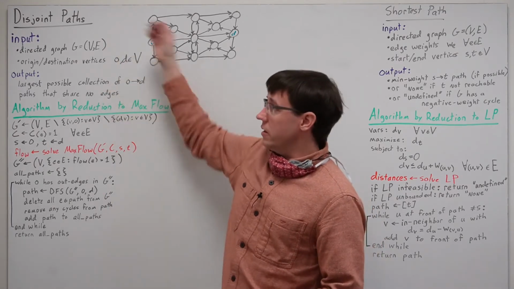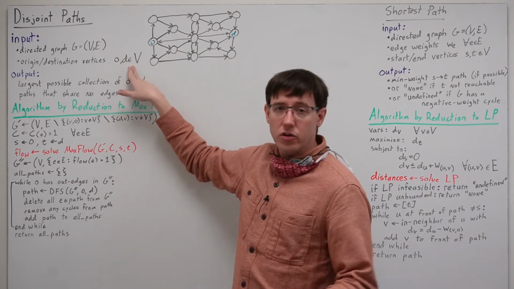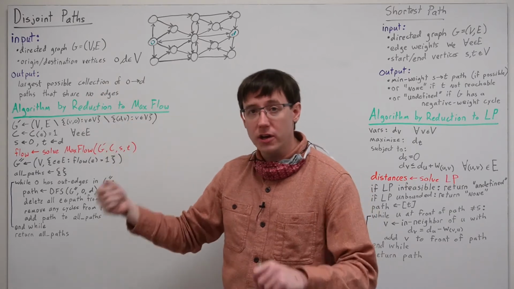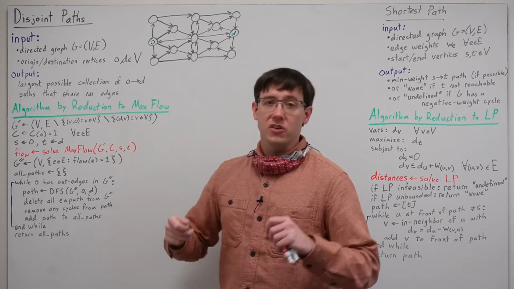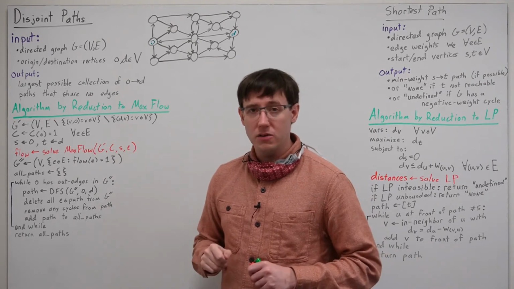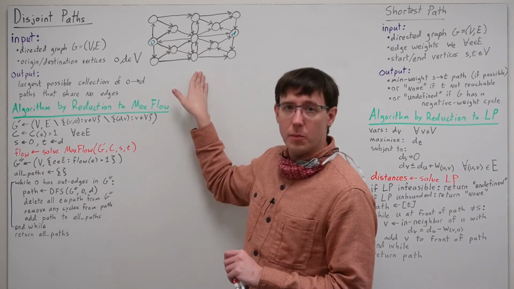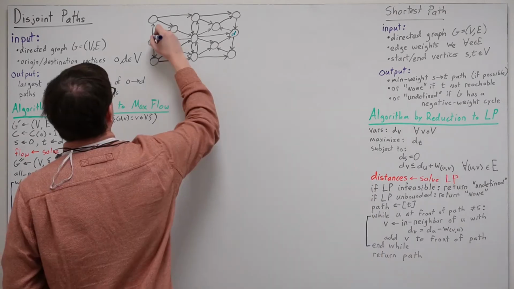So we are given a directed graph along with origin and destination vertices, and we want to find a collection of paths from the origin to the destination such that no two paths share an edge and the collection is as large as possible. In this example graph, we can find 3 disjoint paths.